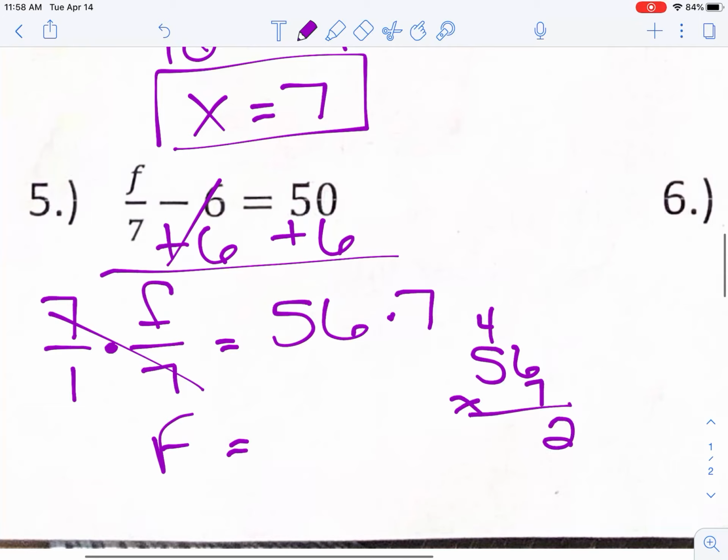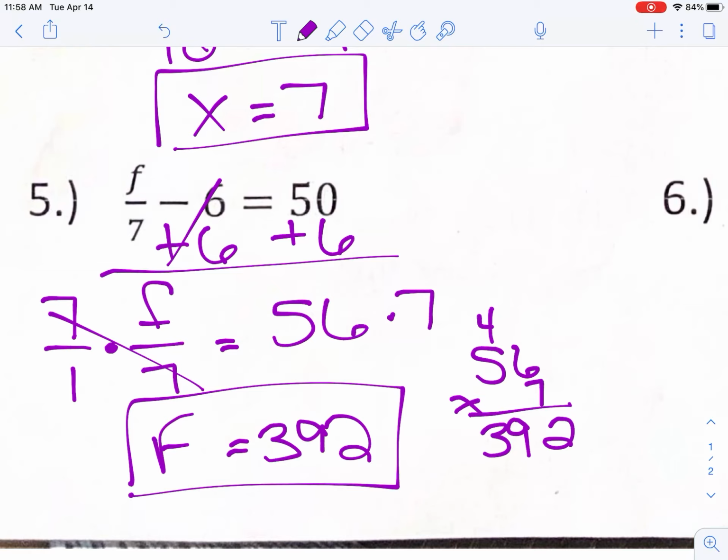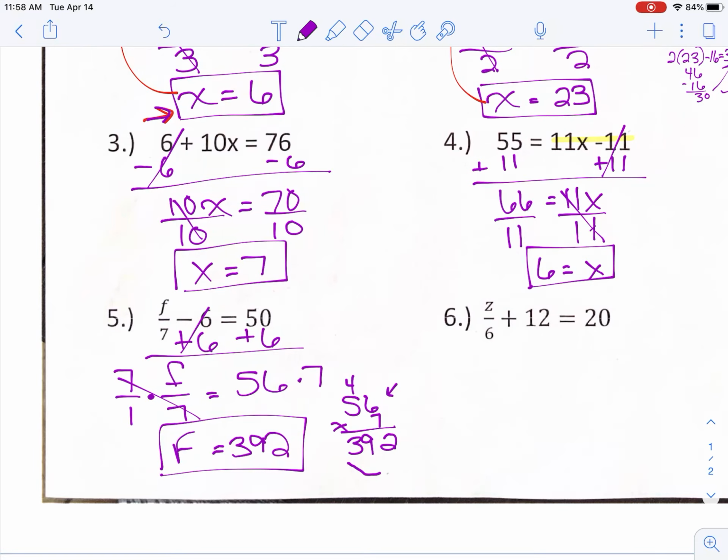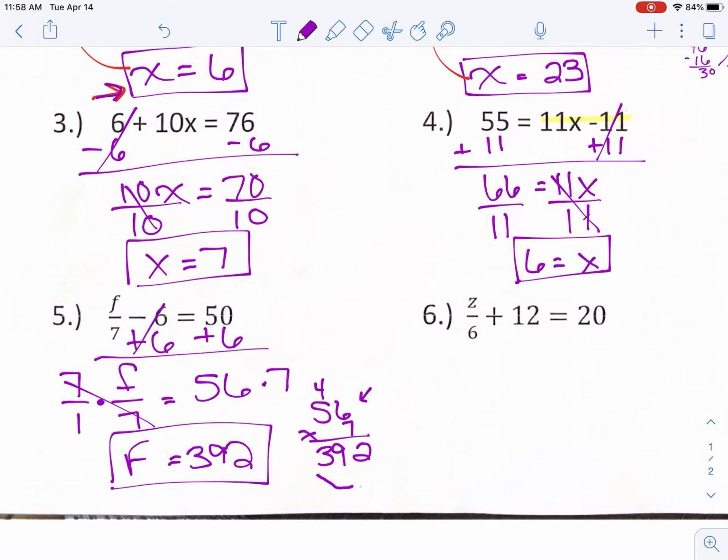So 56 times 7 is 392. And again, you can throw that back in for f: 392 divided by 7 gets you right back to 56, subtract 6 to get 50.